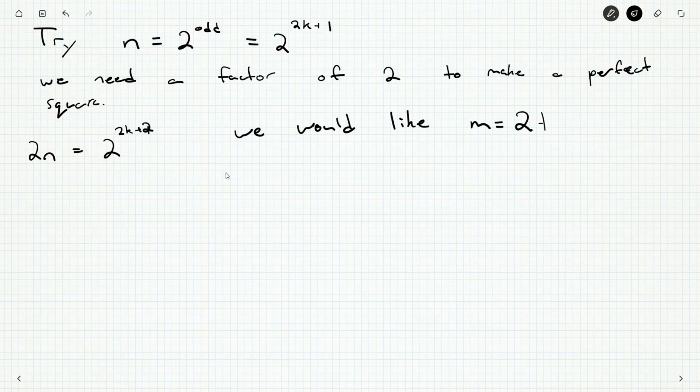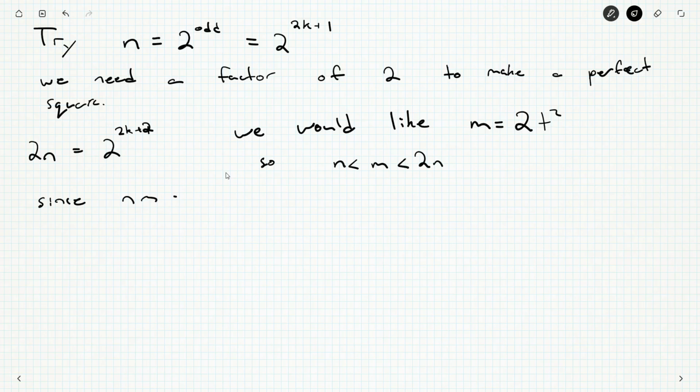Let's call it, I don't know, 2t squared. So that n is less than m is less than 2n. Okay? So if we can show that there's an infinite number of n's, n being 2 to the odd power, so that there are these 2 times perfect squares, then we'd be all set.